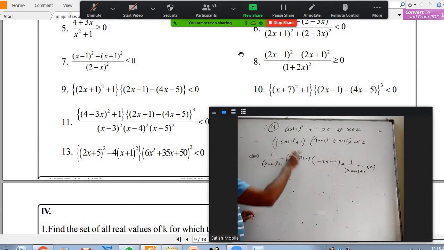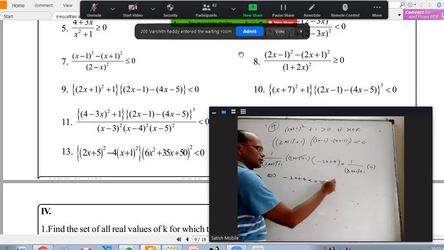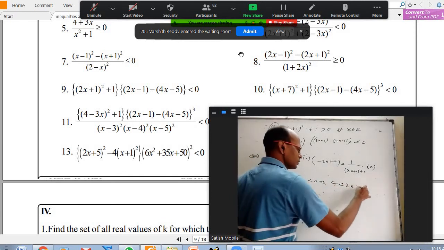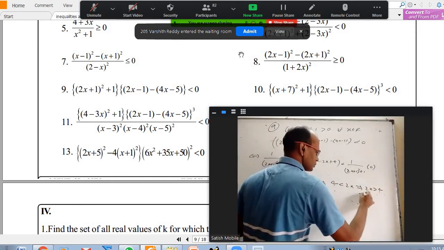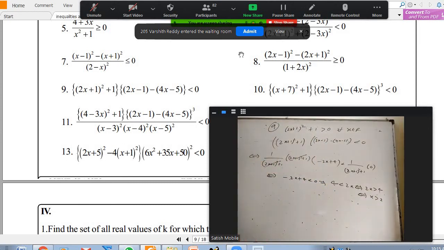Basically we are dividing only, it's a positive number, the inequality will not change. I multiply the reciprocal, these two will cancel, that is 0. I'll get minus 2x plus 4 less than 0. Send 2x that side, 4 less than 2x, 2x greater than 4, and x greater than 2. That's it, nothing special.